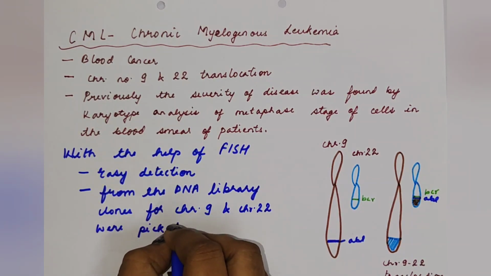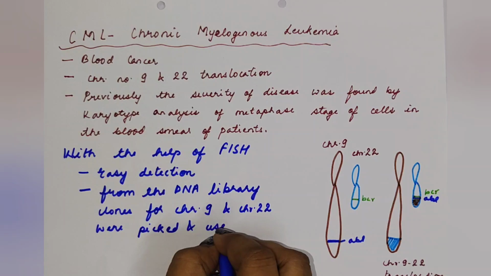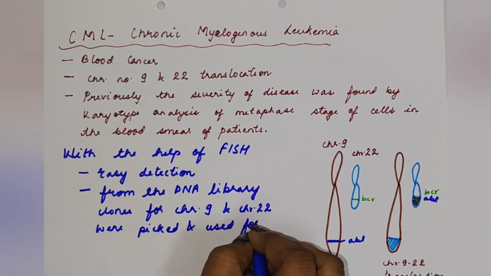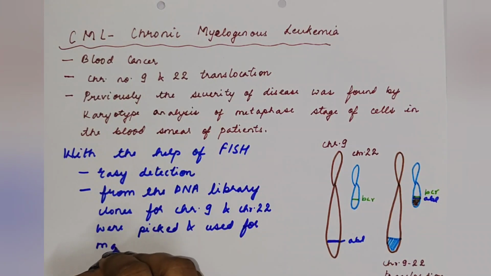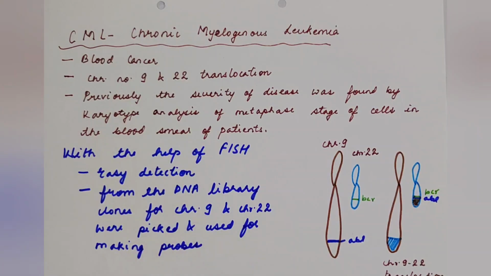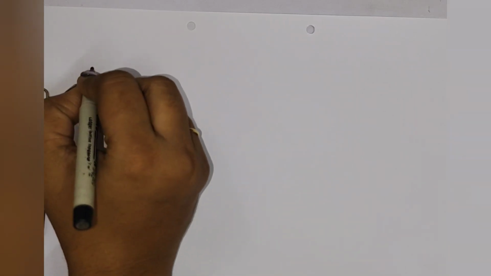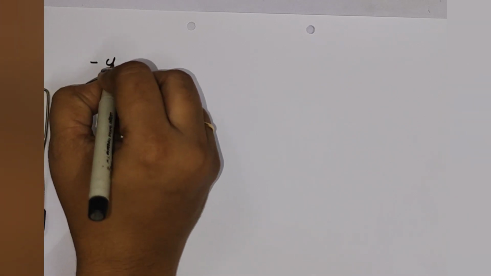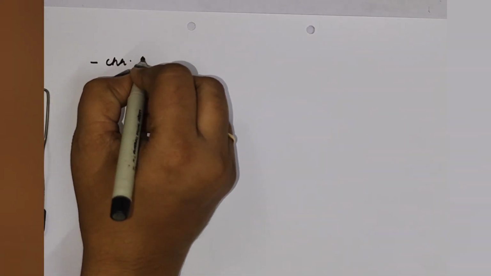Short fragments of DNA are inserted into vectors and the clones are kept like the books are arranged in the library. Therefore, for making the probe for the CML detection, the clones containing chromosome number 9 and 22 were picked for the preparation of probe.